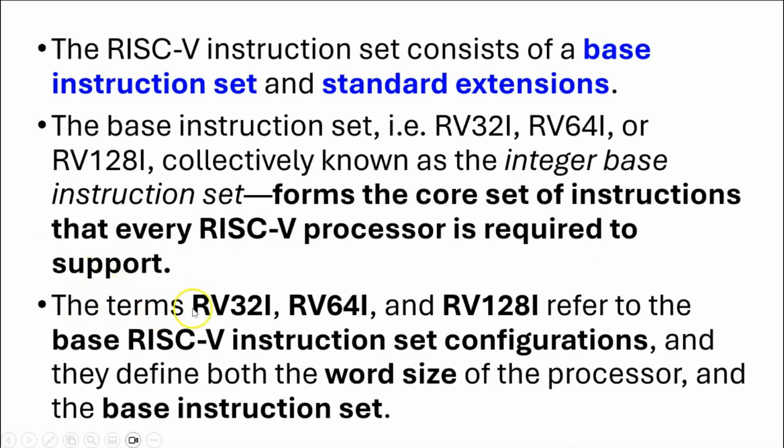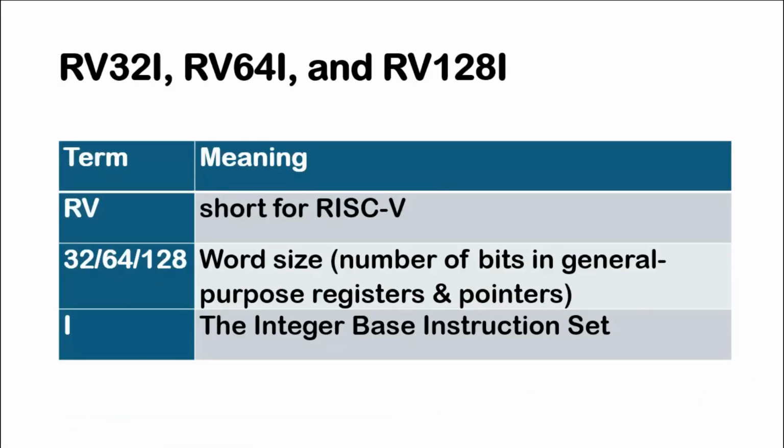The terms RV32I, RV64I, and RV128I refer to the base RISC-V instruction set configurations, and they define both the word size of the processor and the base instruction set.